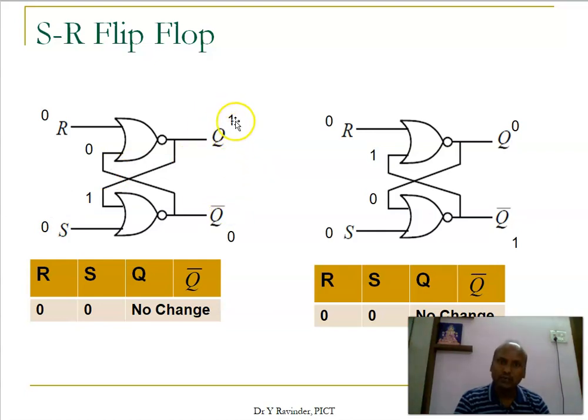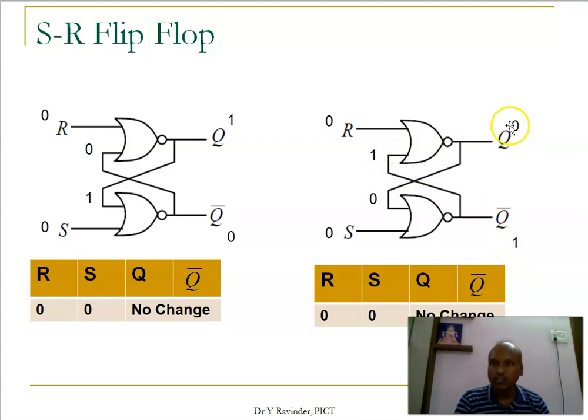In both the cases, you can see by assuming 0 also. I have assumed 0 here, both are 0, 0, and this is 0, this is 1. So when this is 0, this comes 0, this is 0, 0, this is 1, as it is, no change. This 1 will be here and this is 0.